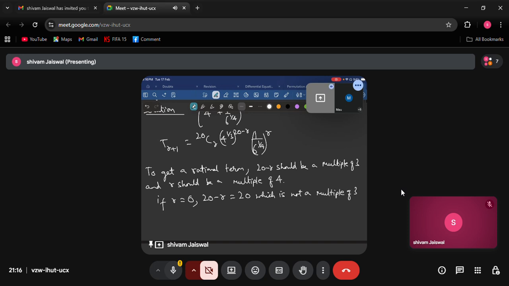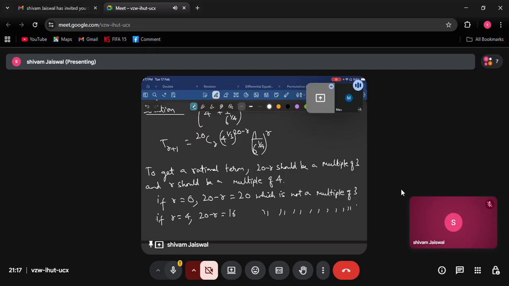Next, we can start with 4 because we only have to take multiples of 4. So if r equals 4, what is 20 minus r? 16. Is it a multiple of 3? No, sir.